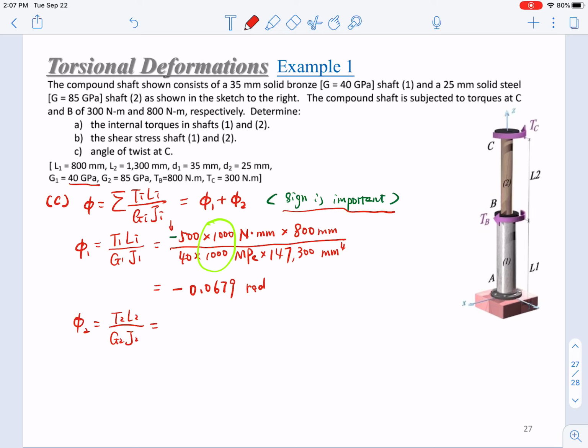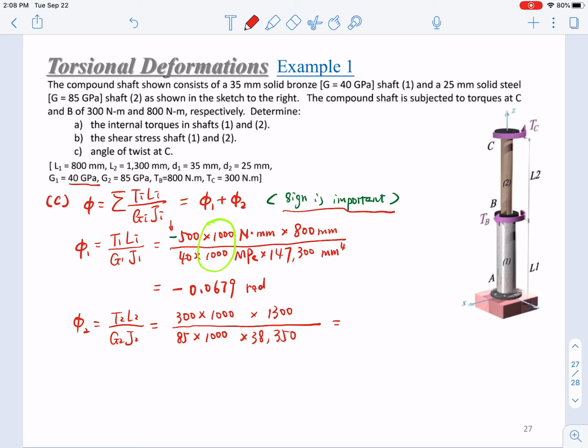This is 300, so positive: 300 times 1,000 times 1,300 over 58 times 1,000 times 38,350.